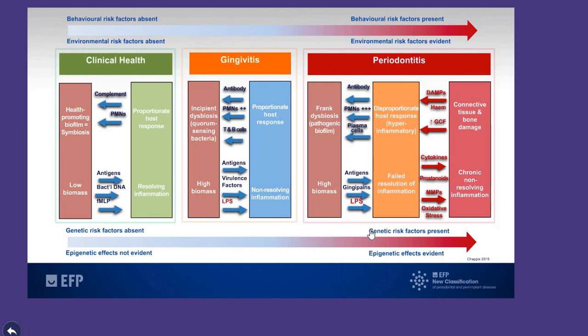Well, in the case of periodontitis, the main causative factor is plaque, as with gingivitis, but periodontitis is a multifactorial disease. It's not just caused by bacteria. There is genetic risk factor, there are epigenetic events, there is environmental risk factor, and there is behavioral risk factor which affect periodontitis progression.